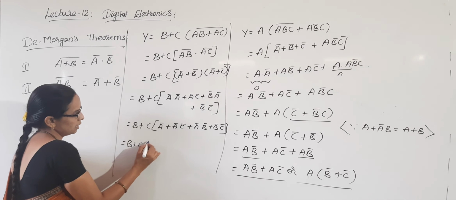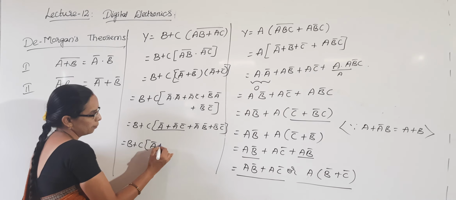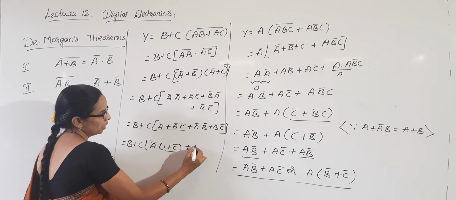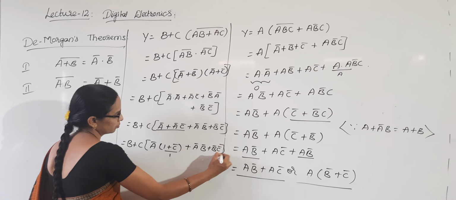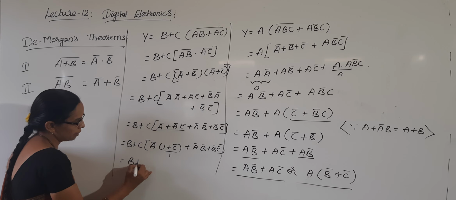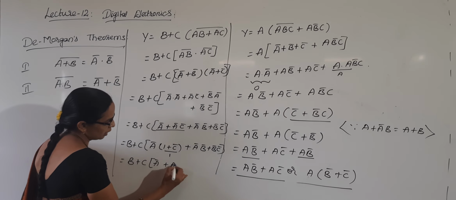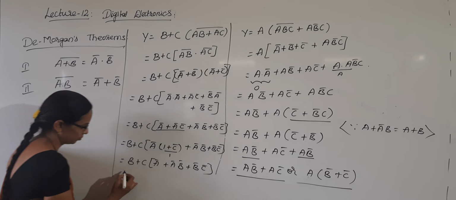B plus C, here I will take A bar common, into 1 plus C bar, which will be 1 plus C bar will be 1, A bar B bar plus B bar C bar. B plus C, A bar plus A bar B bar plus B bar C bar.